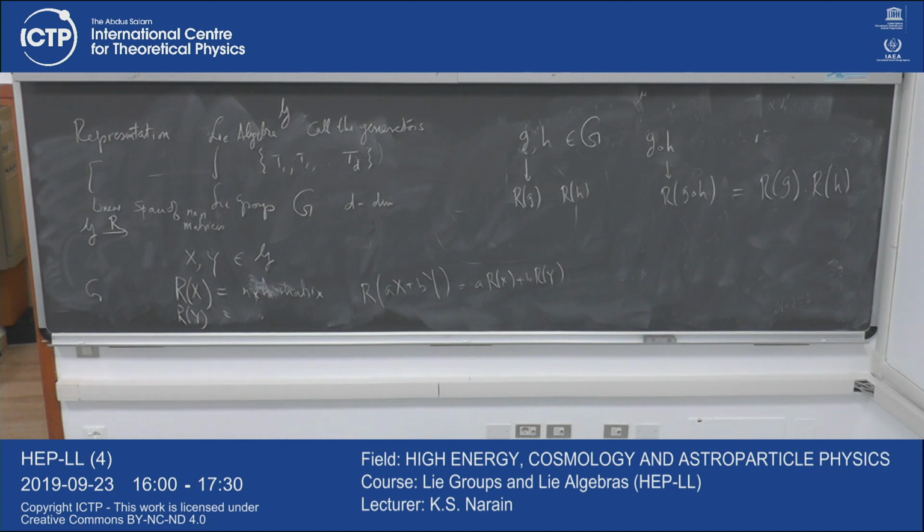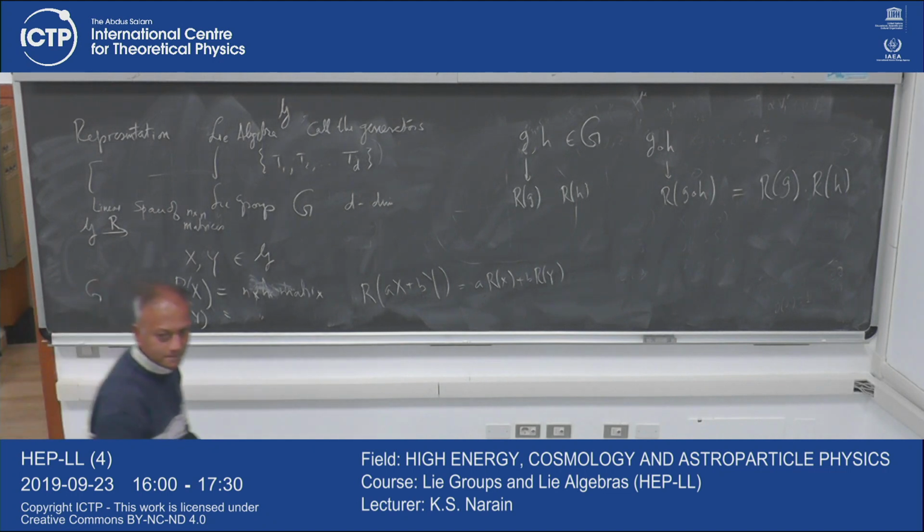The fields are written in terms of some n-dimensional column vector, on which the symmetry is acting. So that symmetry action will be represented by an n by n matrix. The very important thing is to study the representation theory, and that will be one of the main subjects later on.